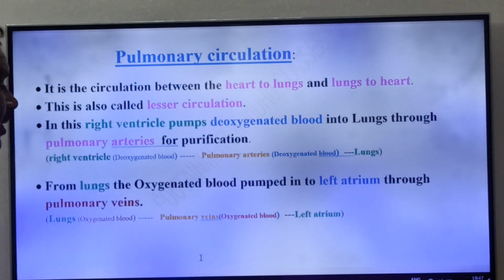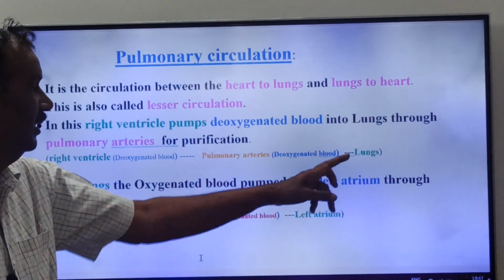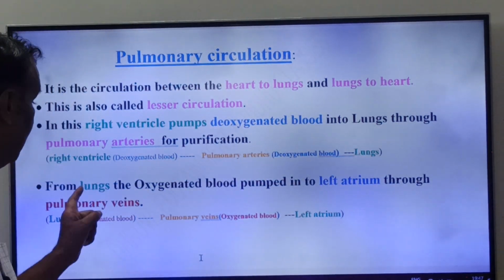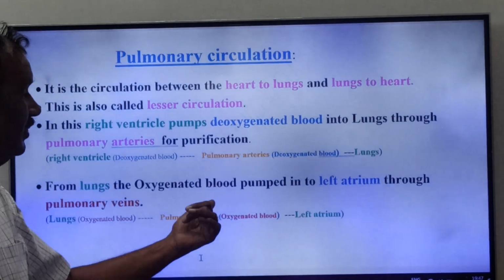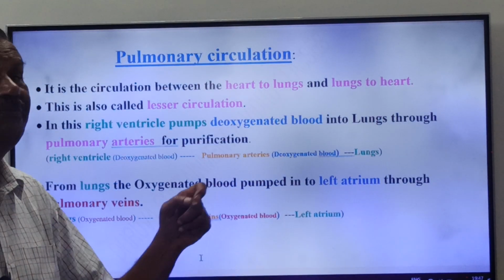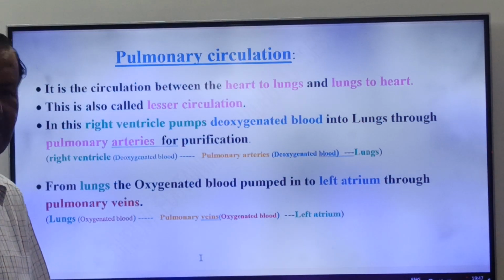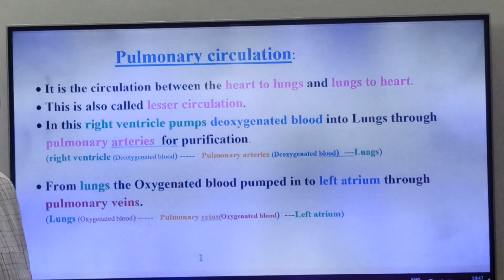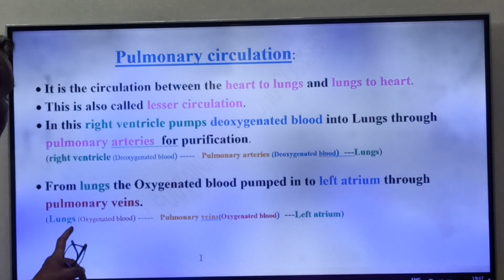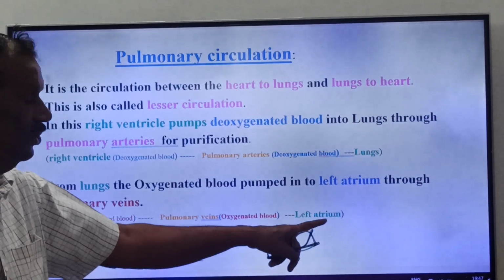Right ventricle, deoxygenated blood, pulmonary arteries, deoxygenated blood, to the lungs. Next, from the lungs, in reverse direction, the oxygenated blood is pumped into the left atrium through pulmonary veins. After purification, the blood reaches the left atrium through pulmonary veins. Lungs have oxygenated blood, and they send it through pulmonary veins to the left atrium.